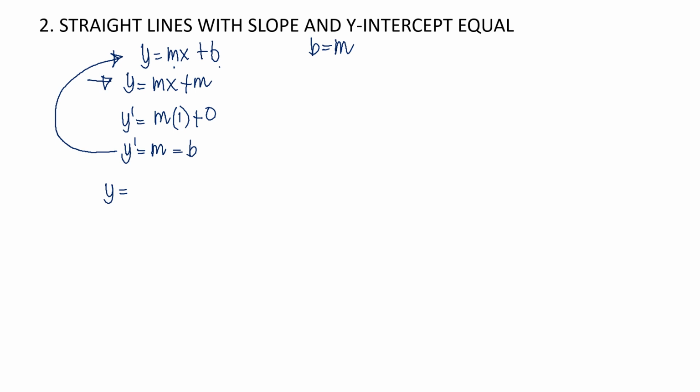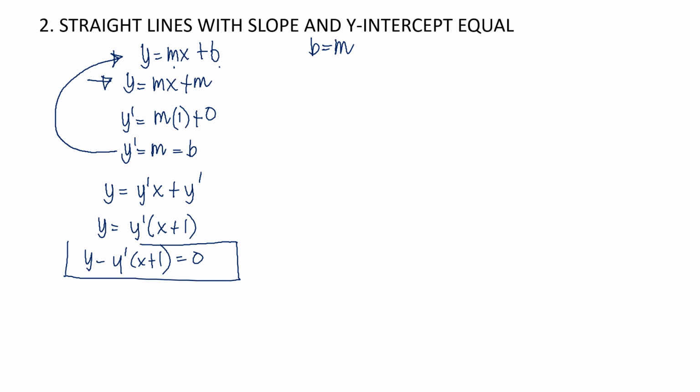So, m is y prime, x plus b is also y prime. So, y is equals to y prime x plus 1. So, we're done. Or we'll just simply write this y minus y prime x plus 1 is equals to 0. So, this is our general equation now.